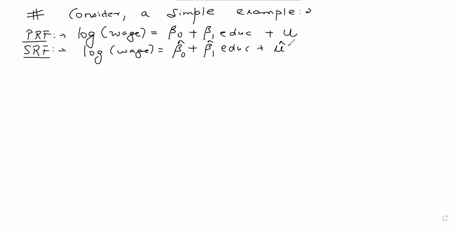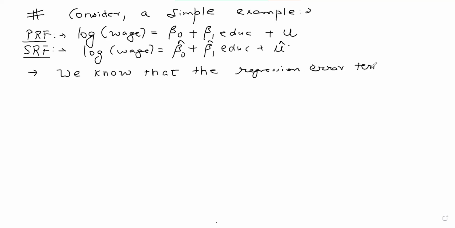Now, we know that the regression error term u contains ability, which also affects wages.